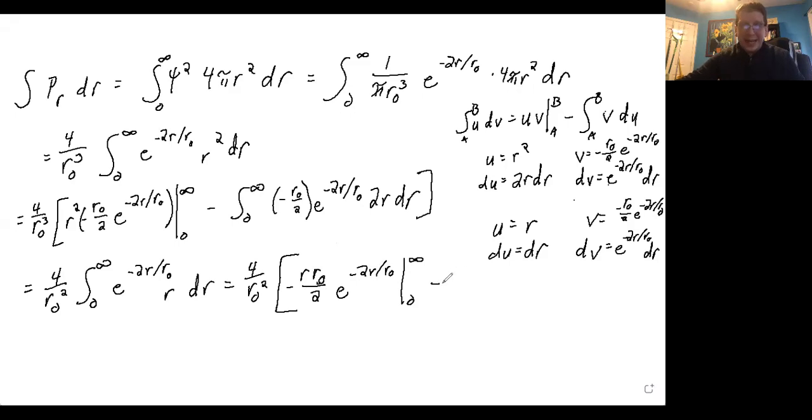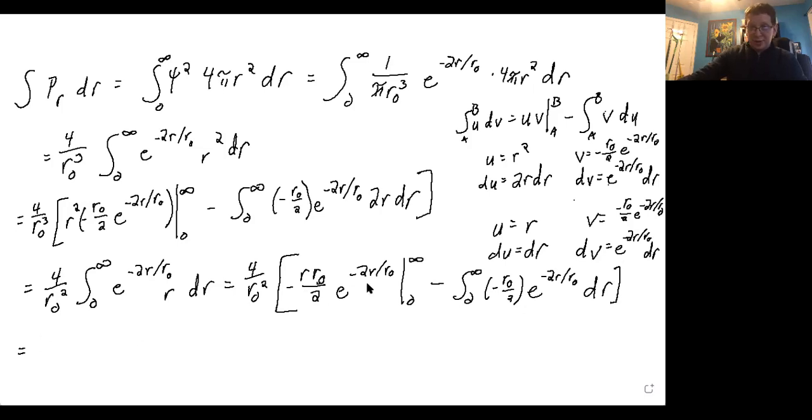So we have minus, and then you're integrating from 0 to infinity v, so that's negative r naught over 2 e to the negative 2r over r naught times dr. So let's set this all up.